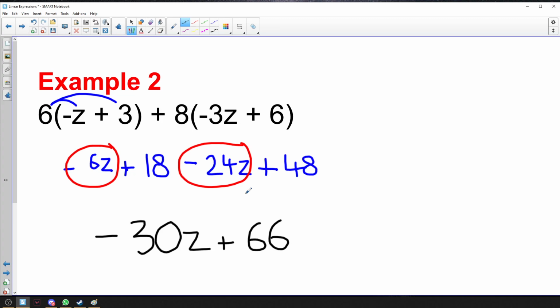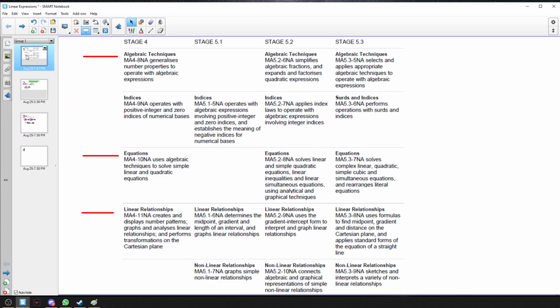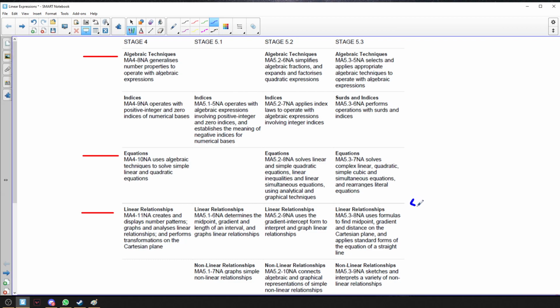Okay, and in future lessons, we'll go through linear equations because they are very different, and I'll go back to the page of your syllabus outcome. Eventually in stage 5, you will get to using formulas to find different aspects of the Cartesian plane, but you will require your knowledge of linear equations and expressions.